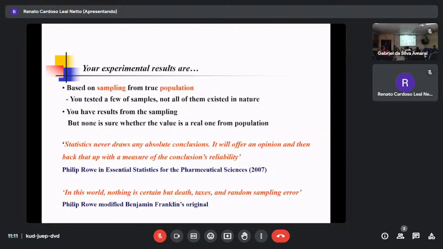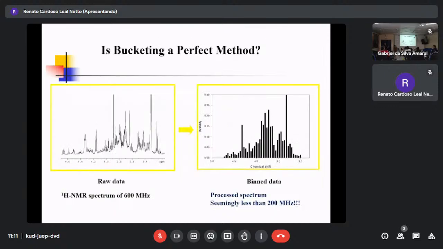But now look here. This one is a 600 megahertz NMR spectrum, and this one is bucketed data. The problem is the resolution is completely gone. Now it looks like an 80 megahertz NMR, because you lost 1 million euro. This is why we measured very nice NMR spectroscopy, costing 1 million euro.